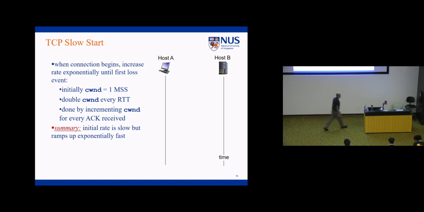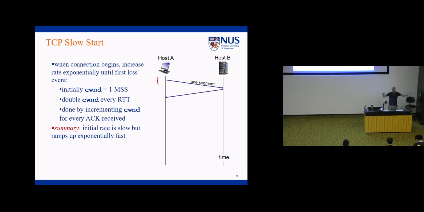So slow start, you start with one packet or one segment. If it is received correctly, you get an acknowledgement back. And in slow start, every time you get an acknowledgement, you increase your congestion window by one packet or one MSS, whatever you want to think about. So here, initially, my congestion window was one packet size.